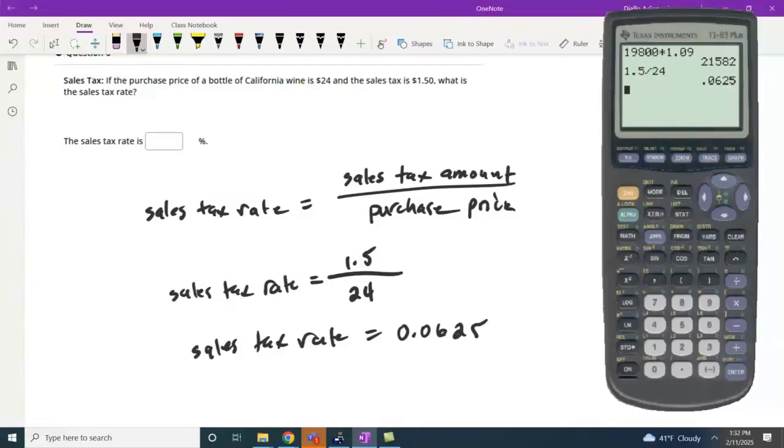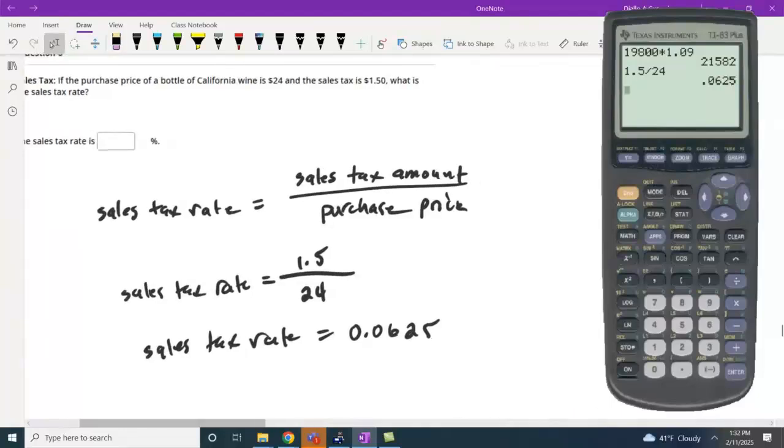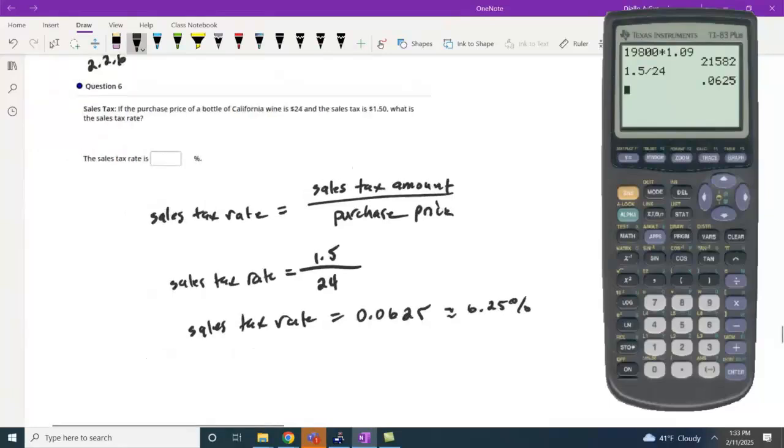But it wants this answer written out as a percentage. So if we were to change 0.0625 to a percent, we would move that decimal 2 places to the right. So that's going to be 6.25%. So that would be the sales tax rate in that particular state. All right, any questions about sales tax?